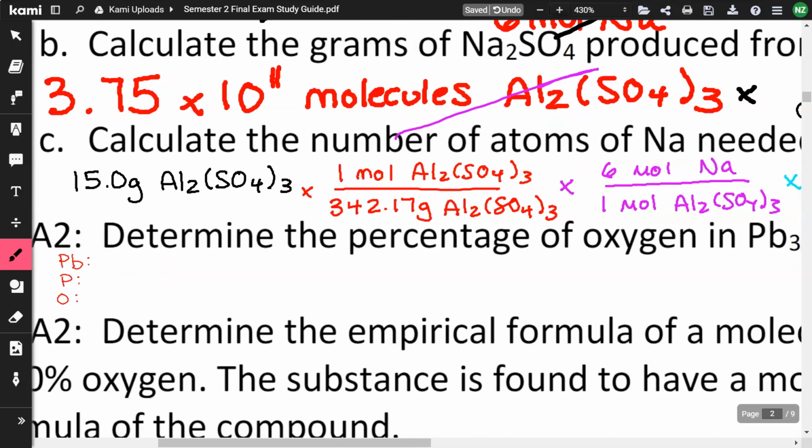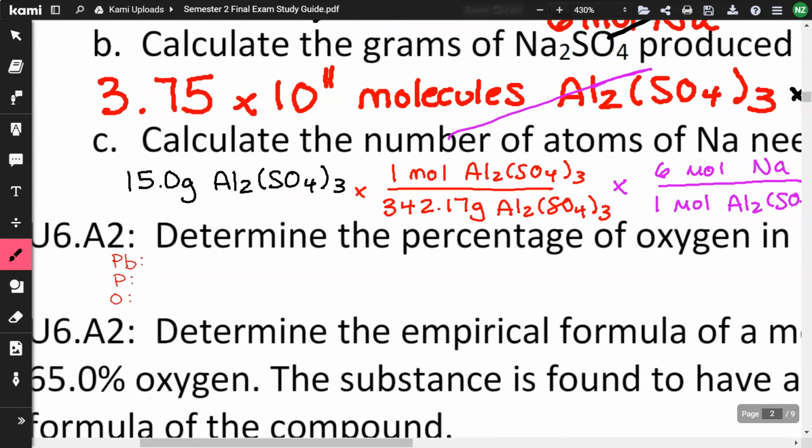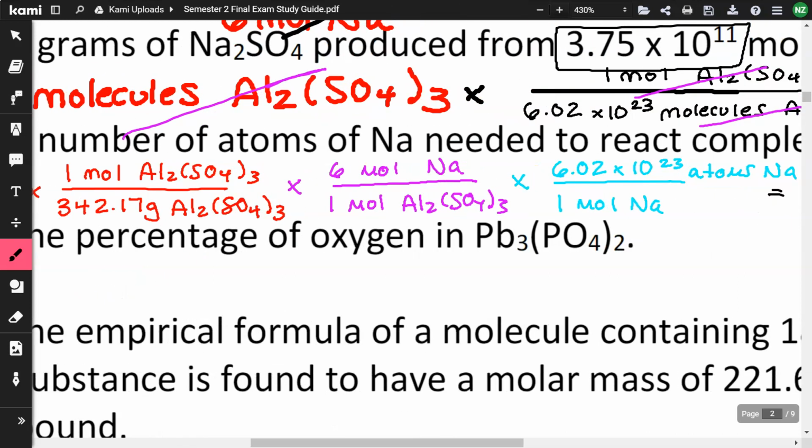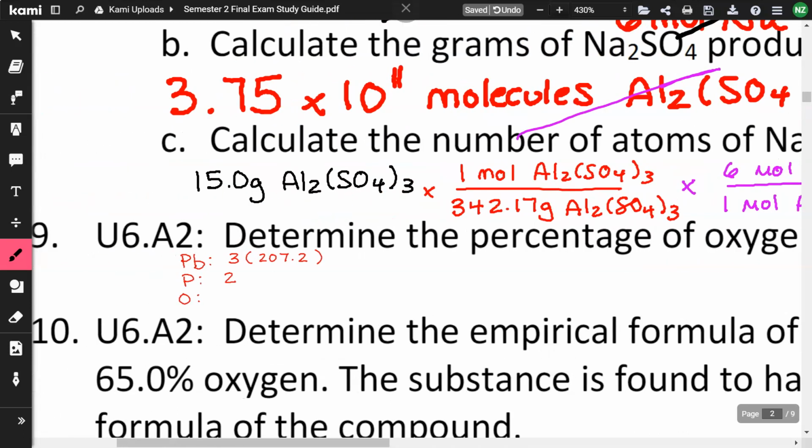Okay, so if you look at the equation, we have 3 leads. Each lead is, we'd have to look up the amount from the periodic table, 207.2 grams. Phosphorus, we have 2 of them. I'm getting that from the 2 distributing in. So each phosphorus is 30.97.